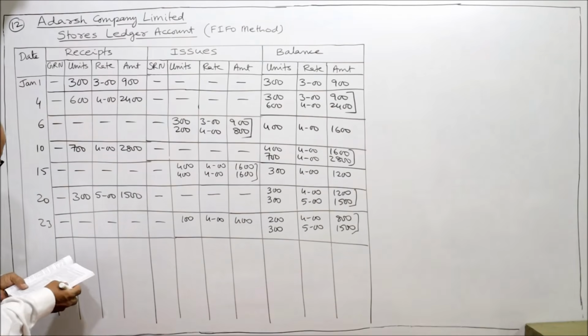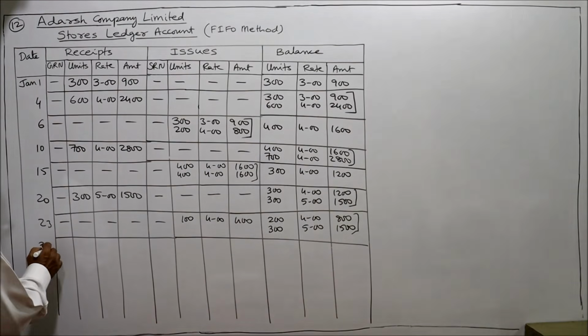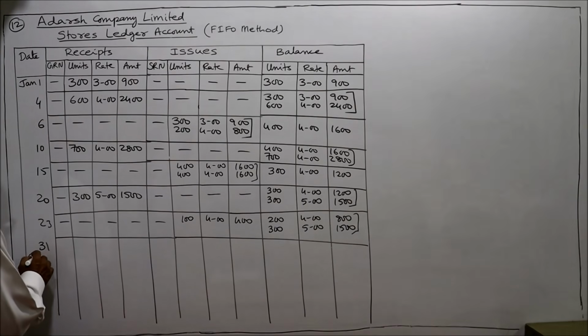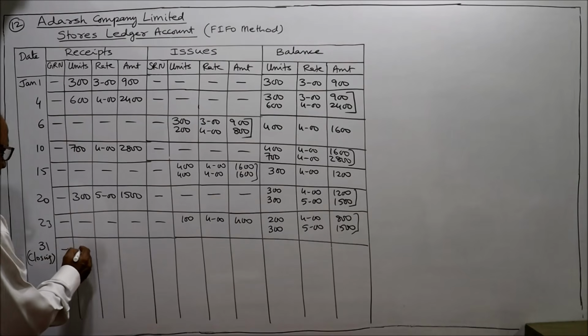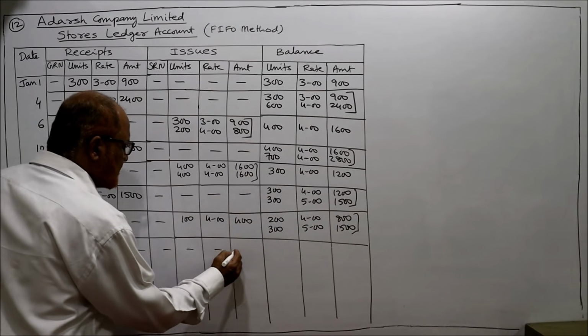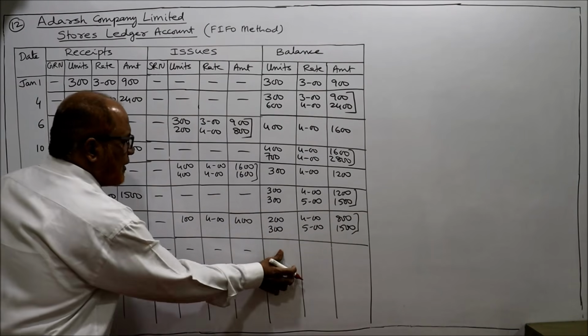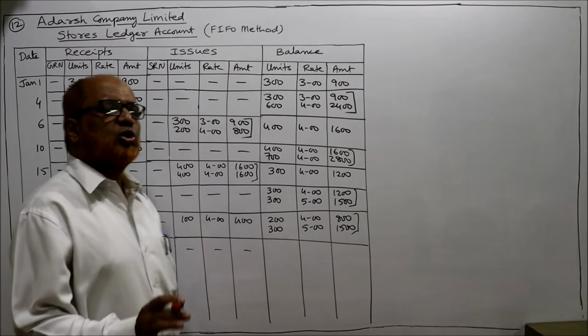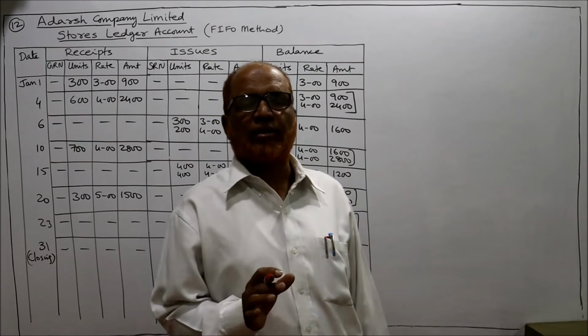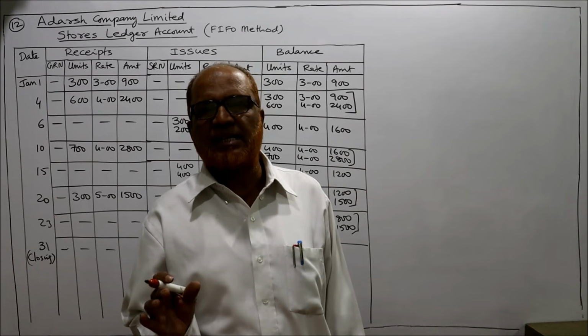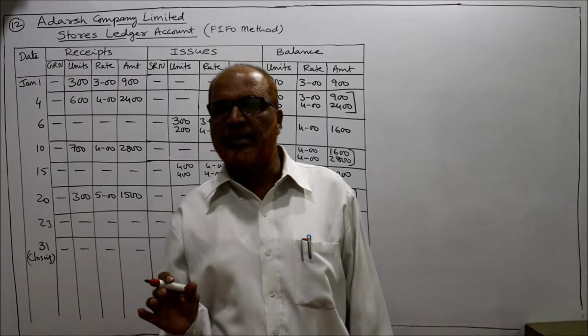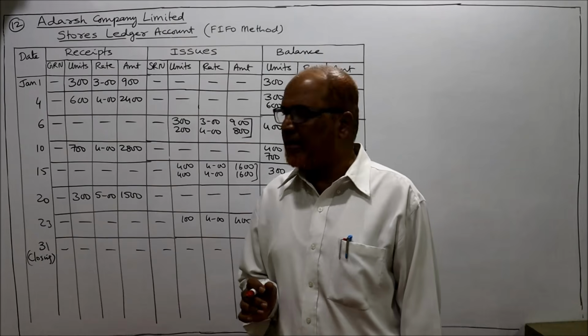Now after 23rd, we'll come to the closing date, 31st, closing. 31st is the closing. So for the closing balance, there is neither receipt nor issue. It is not a transaction. We are simply finding out the balance at the end of the month. That is 31st Jan.